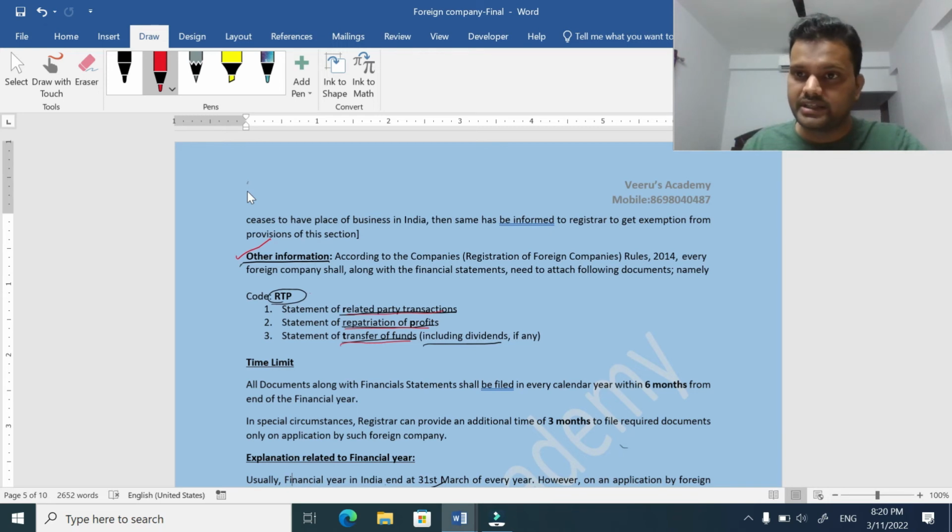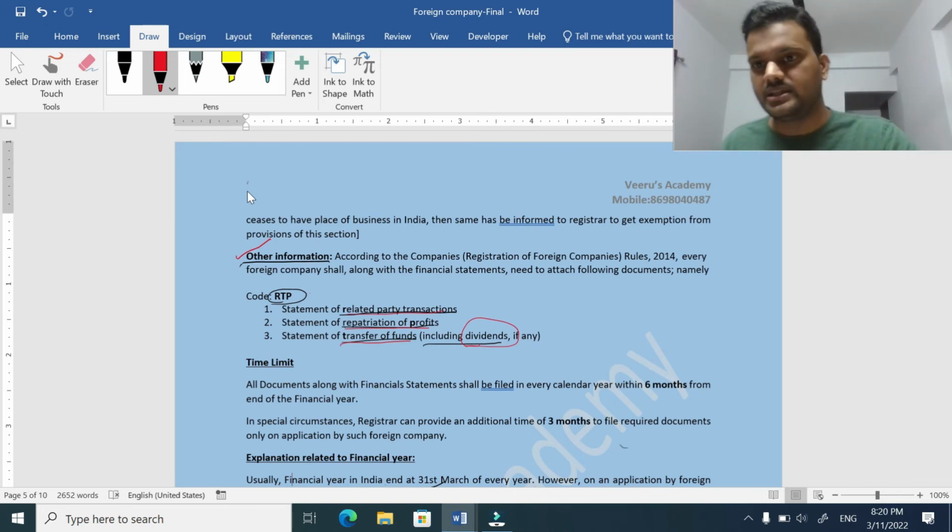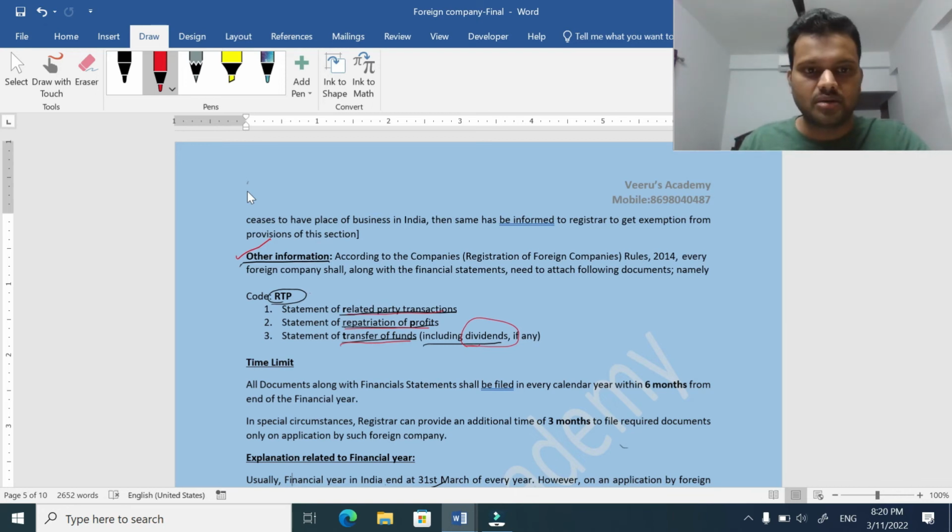For all those funds transfers they have to file a statement, including dividends if any. If there is any dividend payment, they have to provide the related information. To remember these 3 points, I have provided a code here, that is RTP. R means related party transactions, T means transfer of funds, and P means repatriation of profits. If you remember RTP, you can remember all these 3 points.